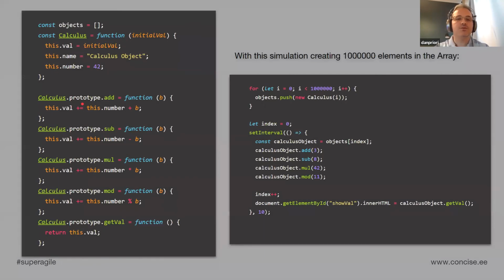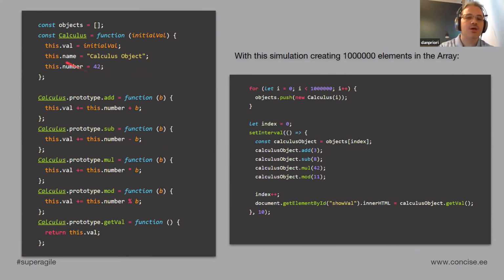So this is the second way. This is again the old-fashioned way to generate classes in JavaScript, but in this case it's much better. Here we can see that we create those methods based on prototypes.